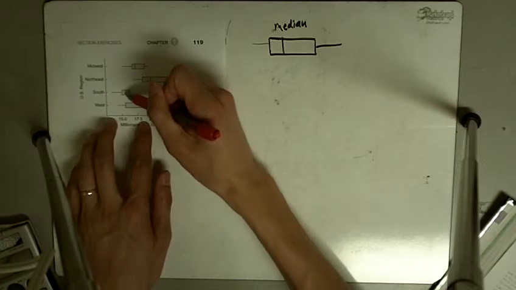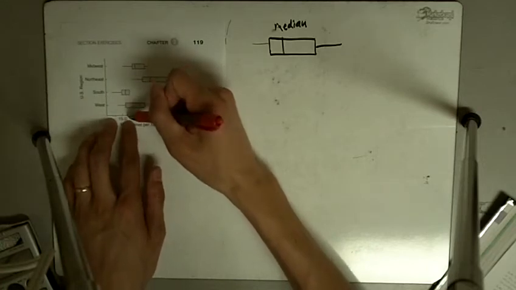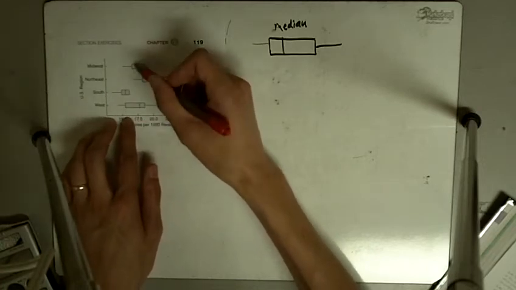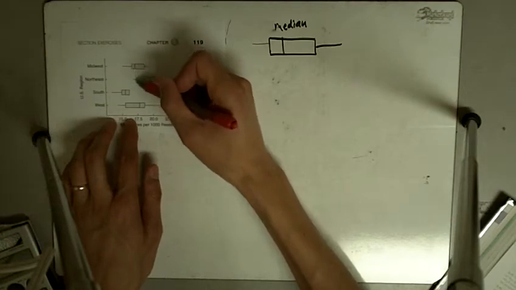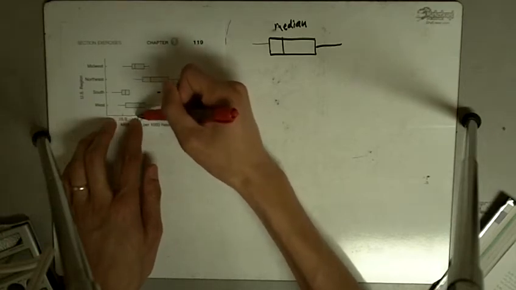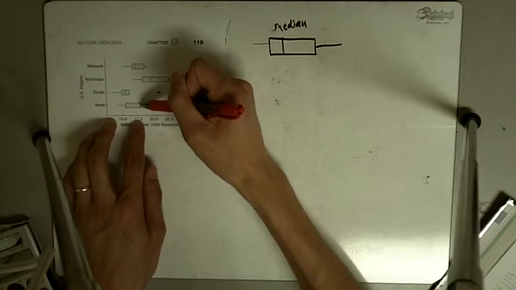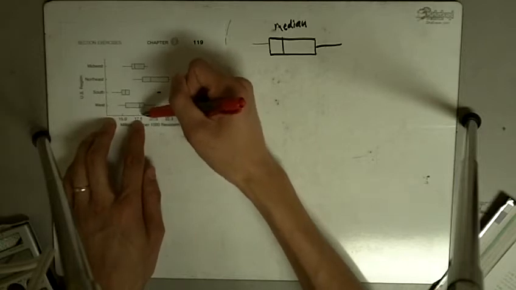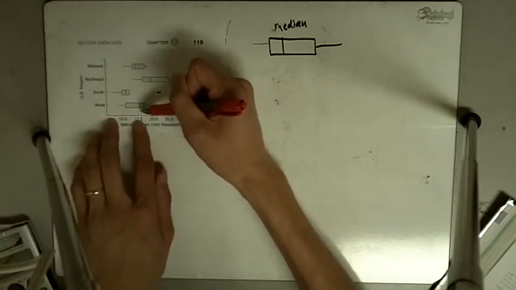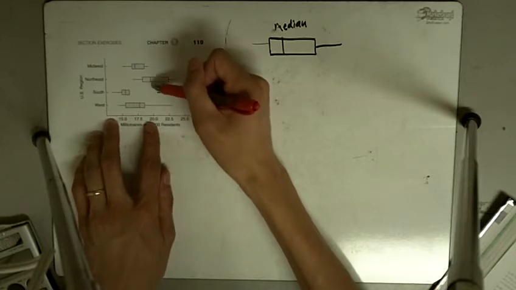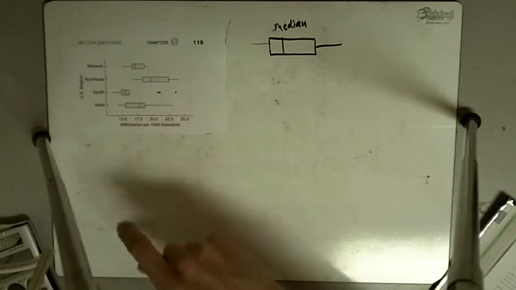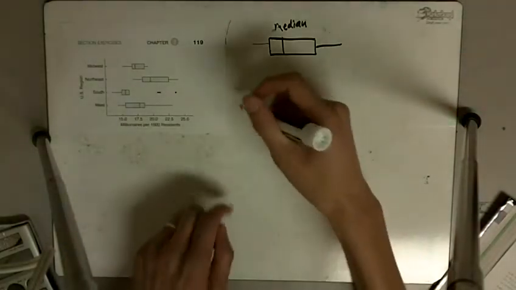It looks like the South has the lowest median, something close to 15.0. Next up, we've got the Midwest, which seems to be something around 17. And then the West, which is a little bit higher, 17, 18, something around there. And then the Northeast has the highest number when we're looking exactly just at the medians. So we're only looking at the medians.